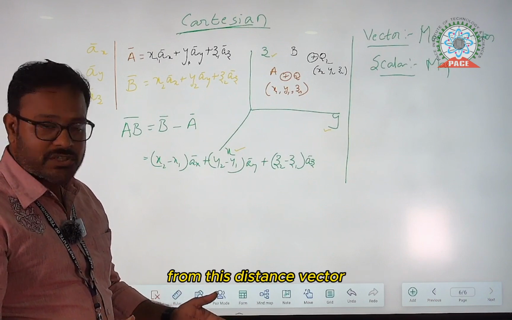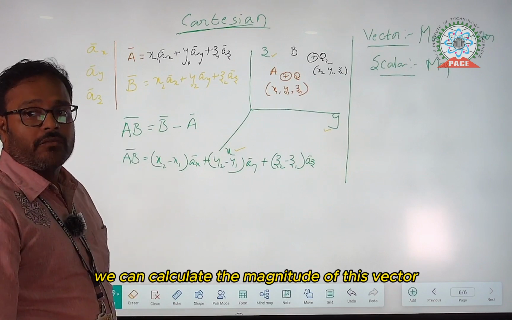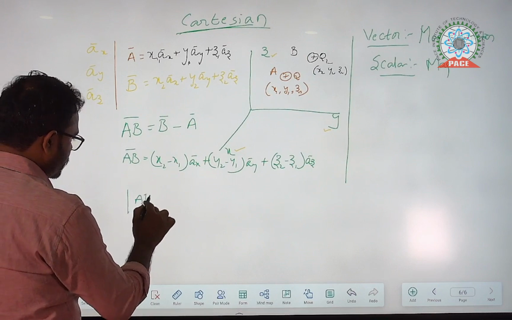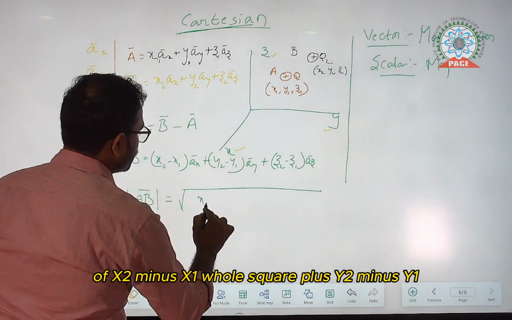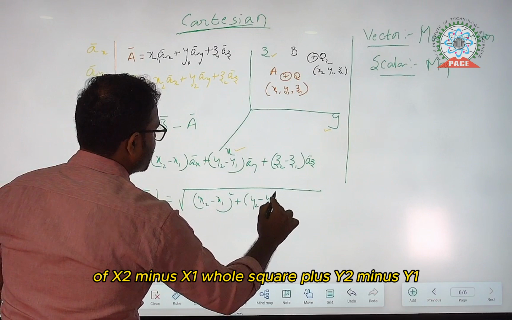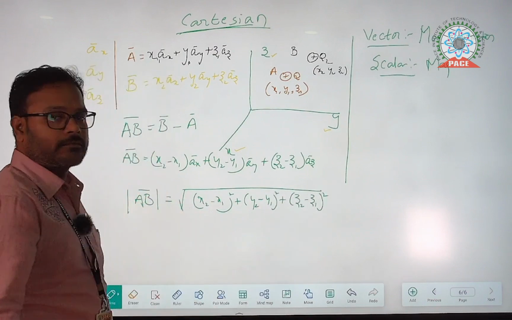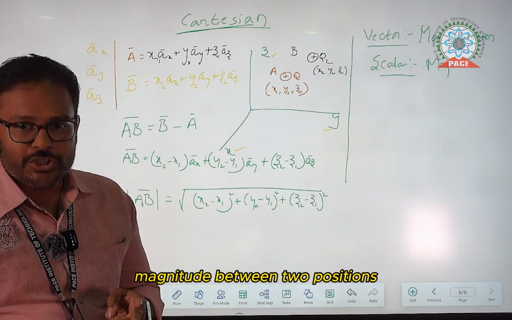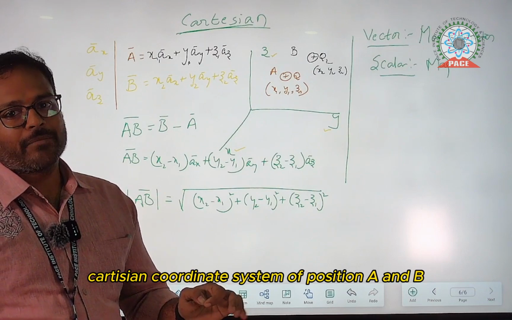From this distance vector, we can calculate the magnitude, that is the modulus, which is the square root of x2 minus x1 whole square plus y2 minus y1 whole square plus z2 minus z1 whole square.